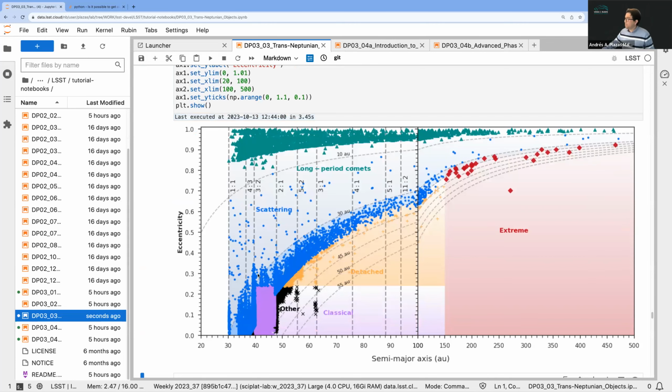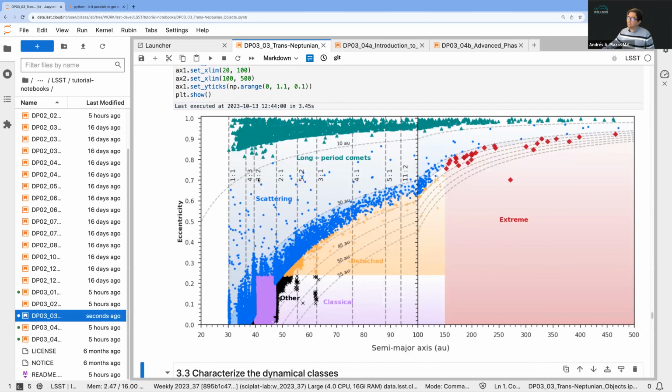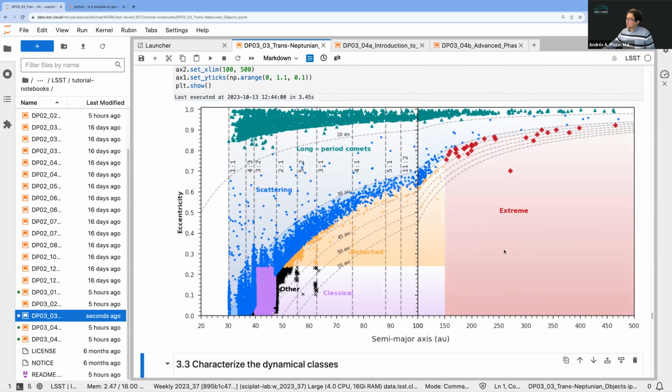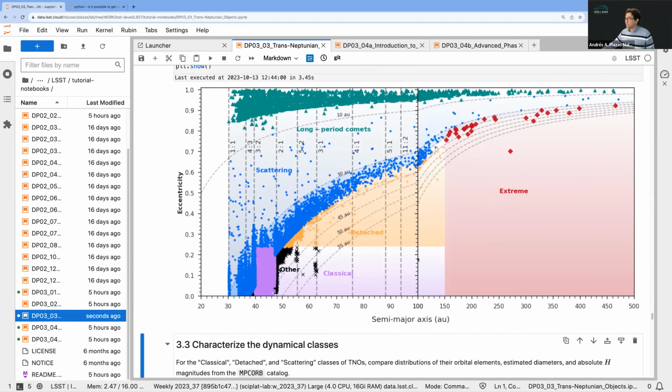Actually, maybe we helped make it less crowded. Here, this is just the eccentricity. I didn't plot the inclination, but then we also have more comets and then the extreme class. So this is a plot that shows what to expect with LSST, and is one of the plots that we're hoping to make with the actual data.